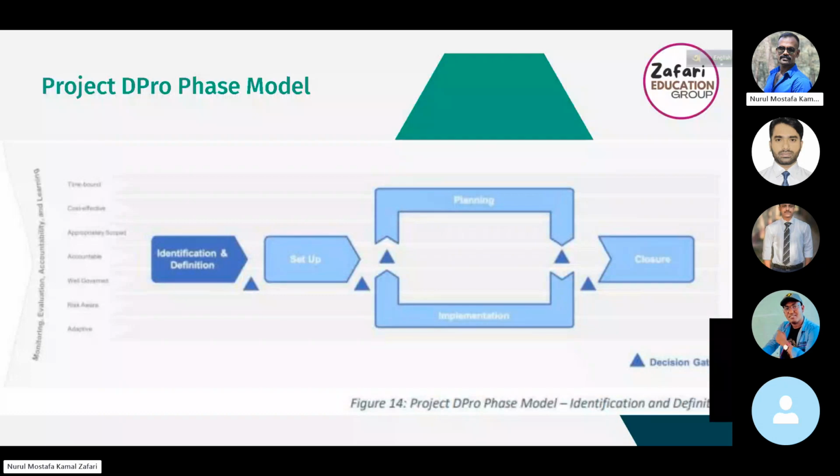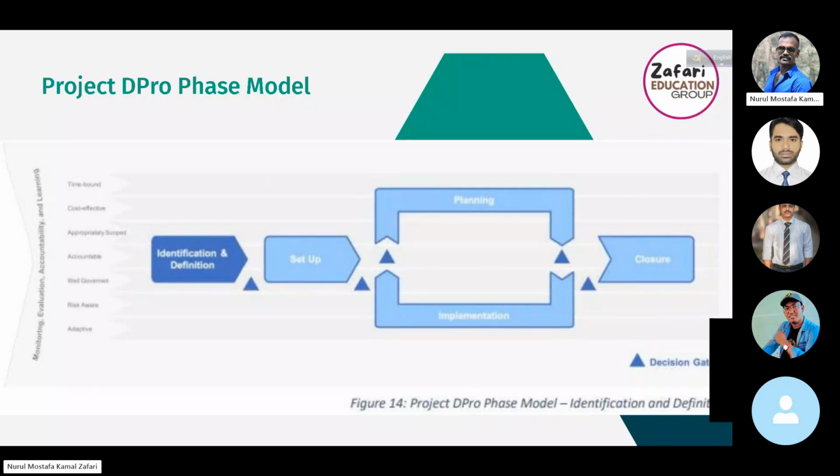Before starting this class, let me explain why we start with this class, and the class name is project identification and definition.